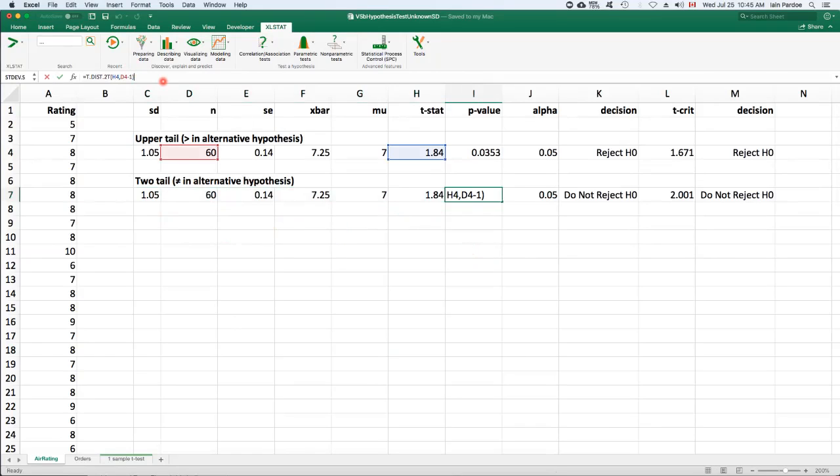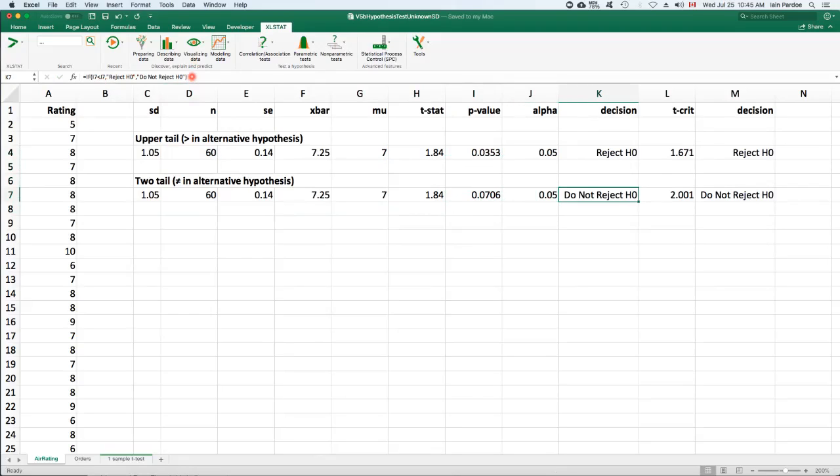And there's a handy-dandy function in Excel that will give you this directly. You just put 2T here instead of RT, which is what we had before for the one-tail test. If you put 2T, it'll give you that two-tail p-value, which is kind of nice. If you wanted to do it by hand, you could just multiply this by 2.